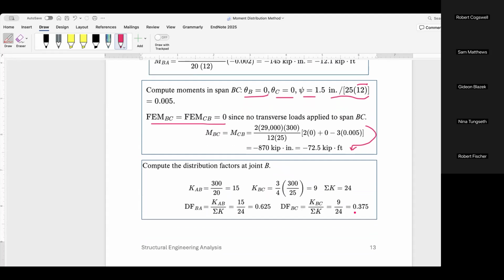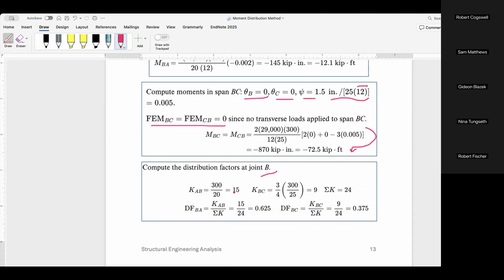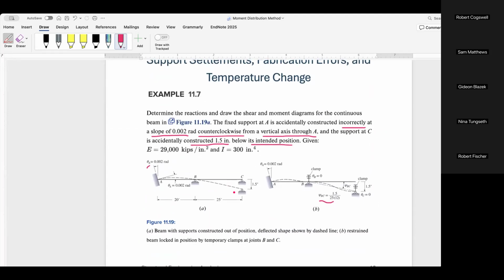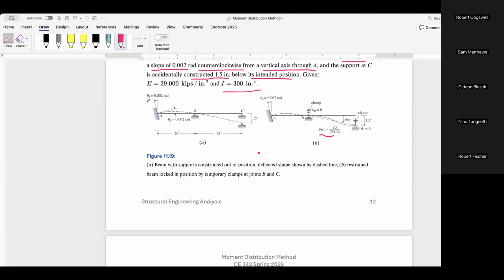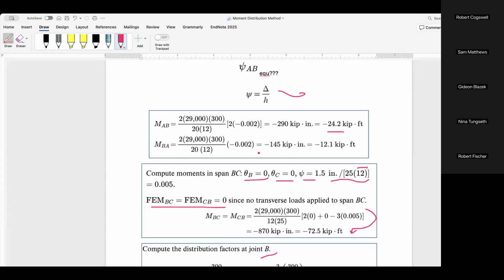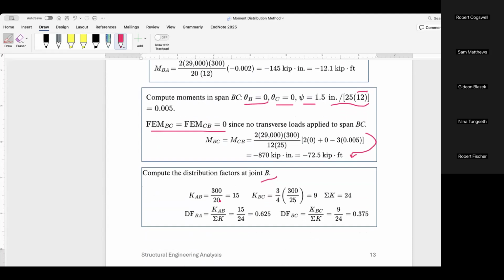And now what we have to do, we need to compute the distribution factor. So we compute the distribution factor for joint B. So what was the equation? I divided by length for that specific part. So here the I value is given, 300, divided by the length of the AB bar, computed.